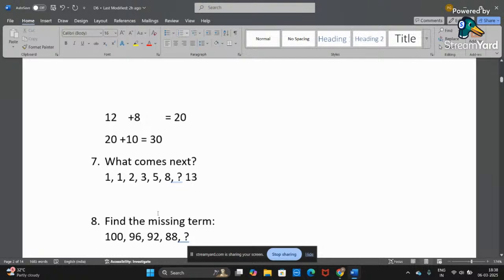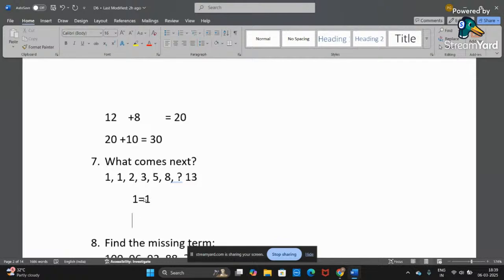They're using the Fibonacci sequence. That means 1. Before that, there is no other number, so you're not adding any digit. So it will be 1. The next number should be the sum of the first and second digits. So 1 plus 1, it is 2. We got 2 here. The same way, 1 plus 2.